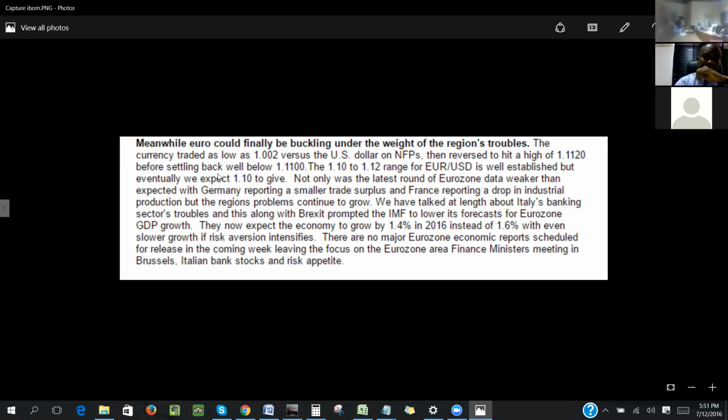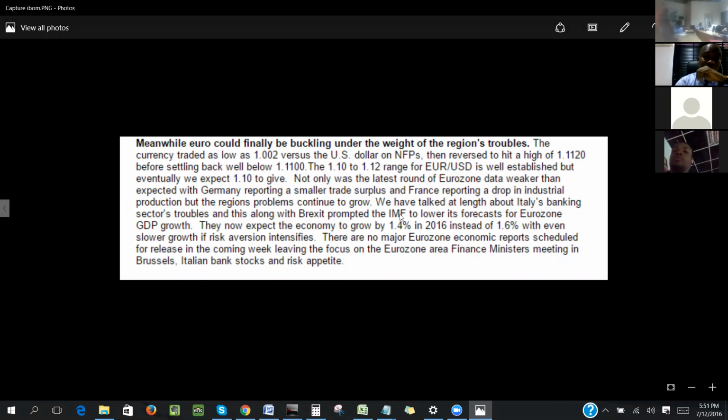Eventually, we expect 1.10 to give. Not only was the latest round of Eurozone data weaker than expected, with Germany reporting a smaller trade surplus and France reporting a drop in industrial production, but the region's problems continue to grow.